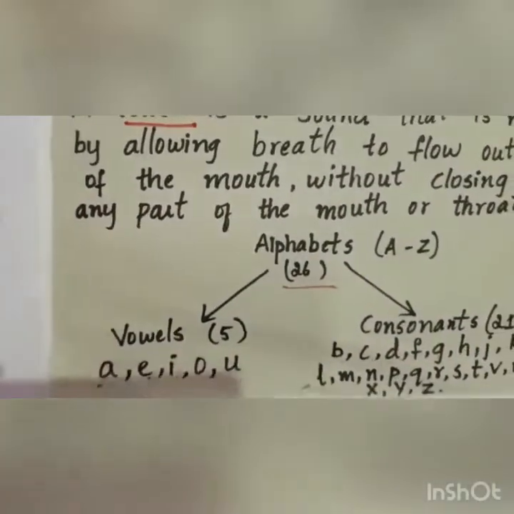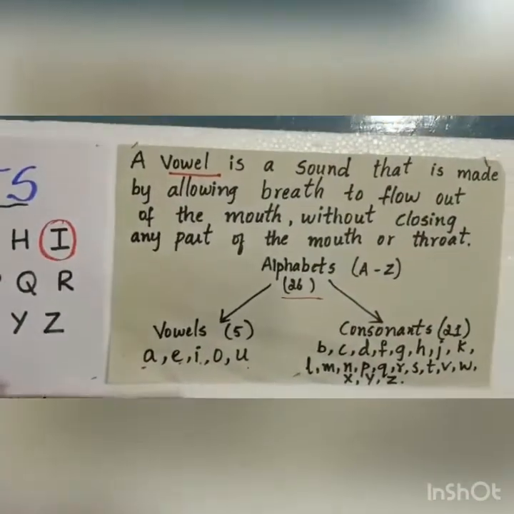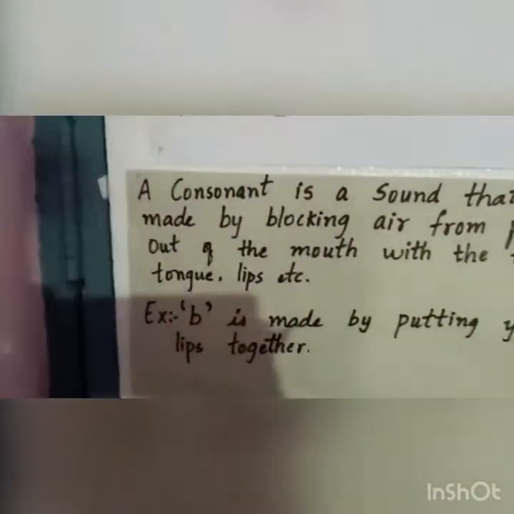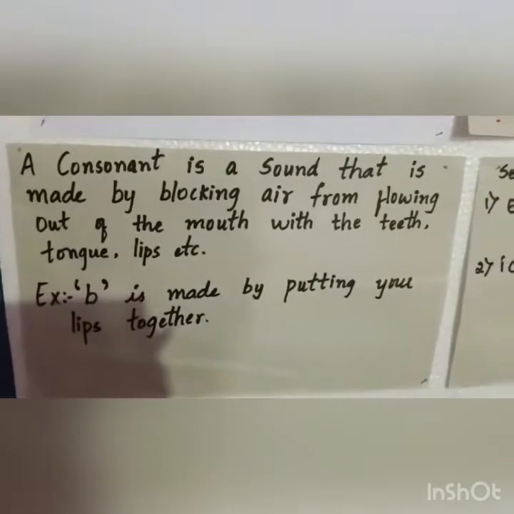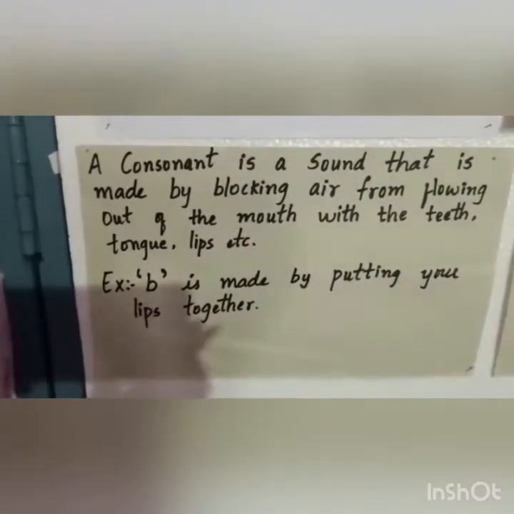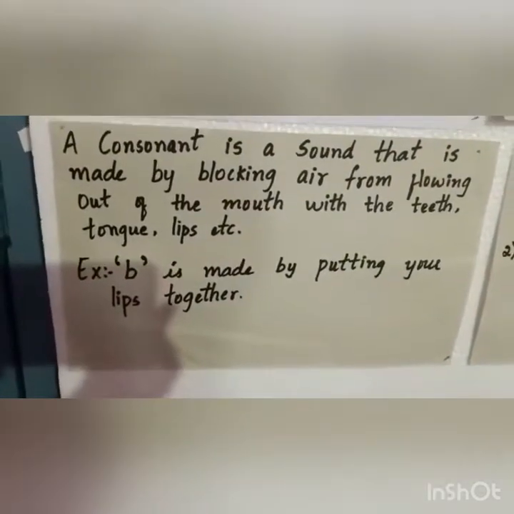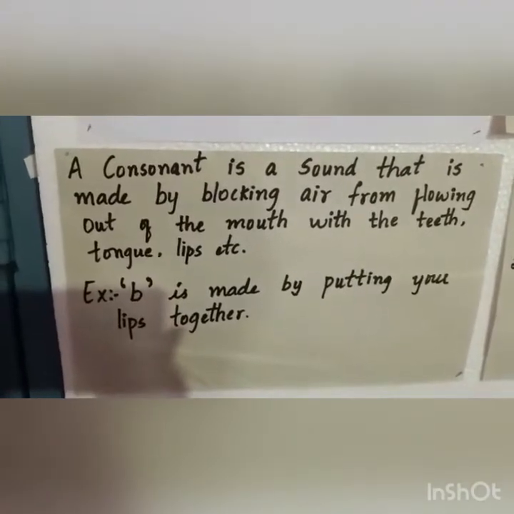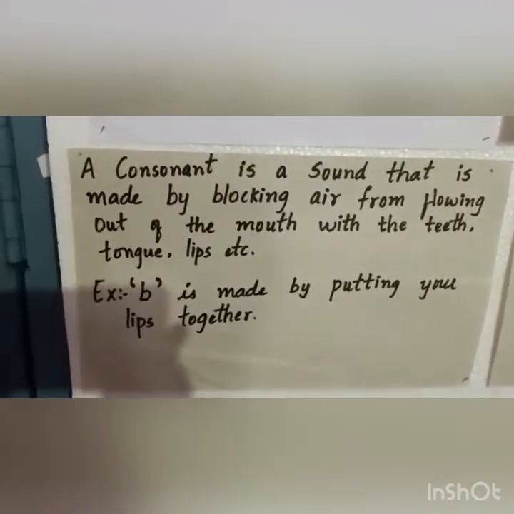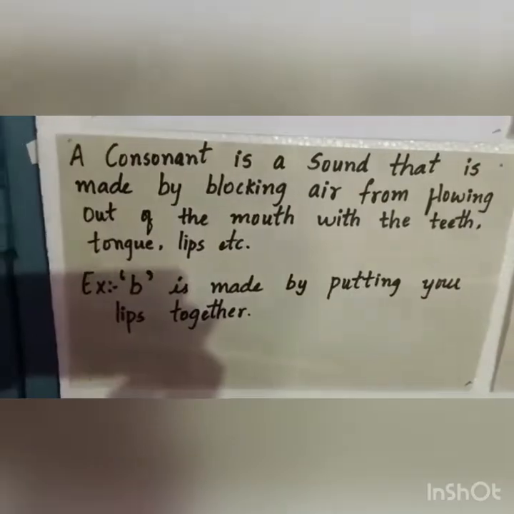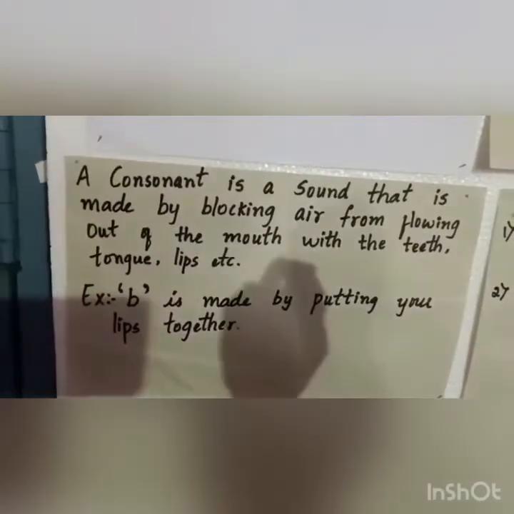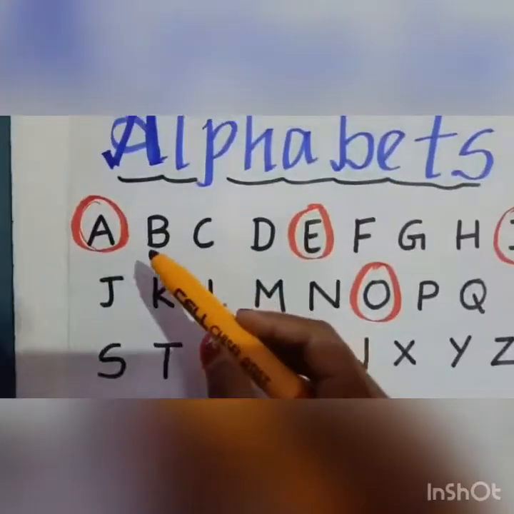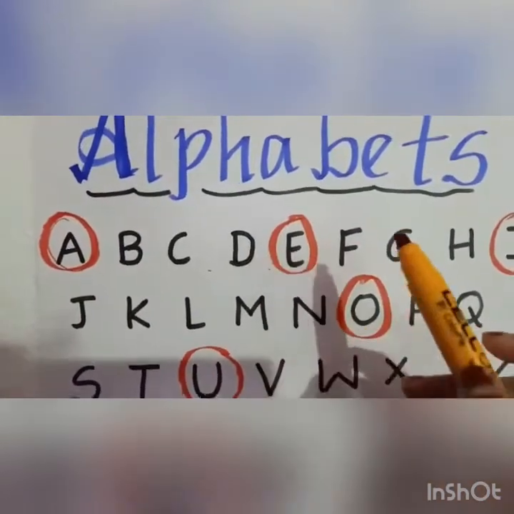Okay. Now we shall see what are these consonants. A consonant is a sound that is made by blocking air from flowing out of your mouth with the teeth, tongue, lips, etc. See, when you say these consonants, which are those consonants? B, C, D. See, these are your consonants, right?